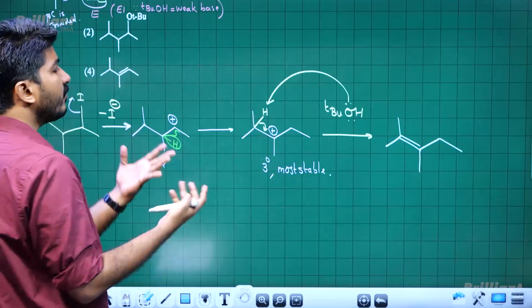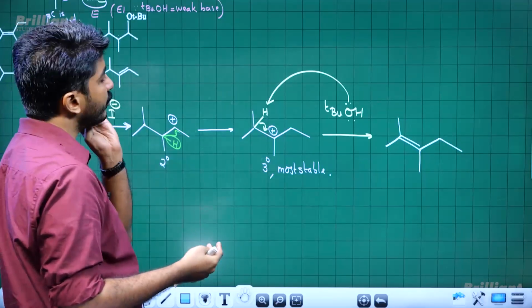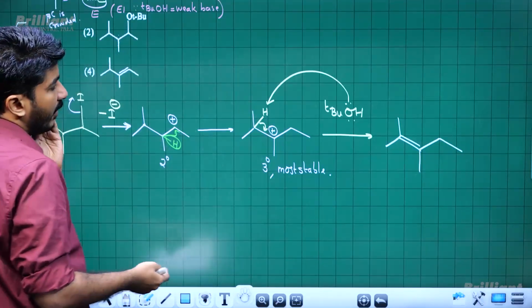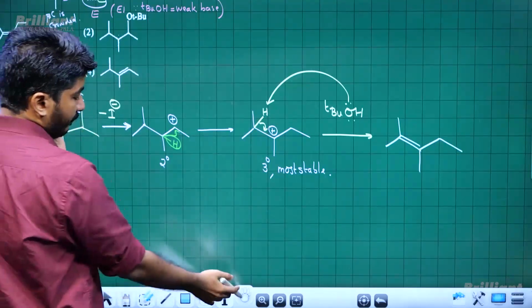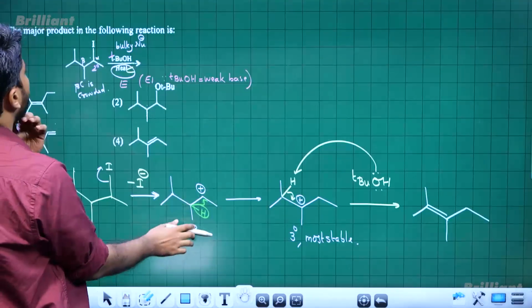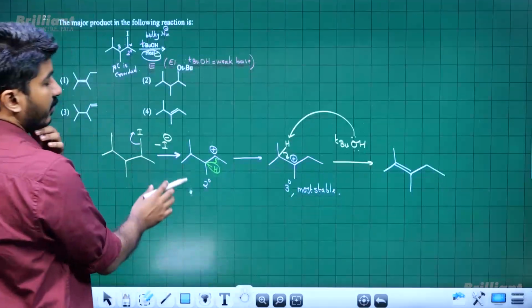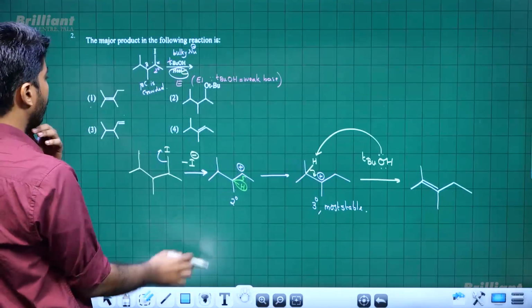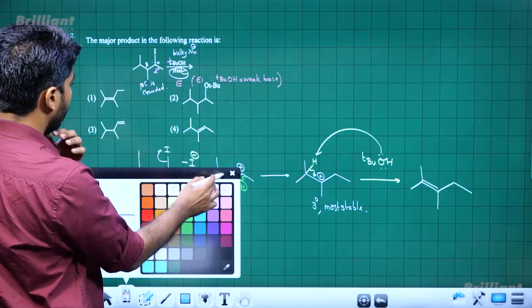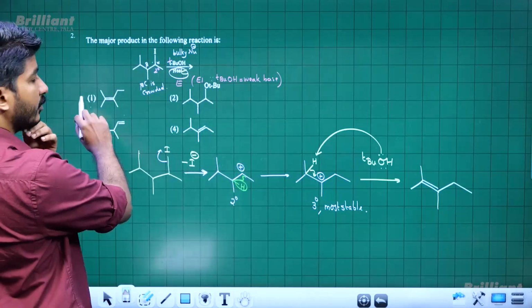Okay, this is E1 reaction. We will ultimately get more stable alkene. And that is the final product, which is option 1.